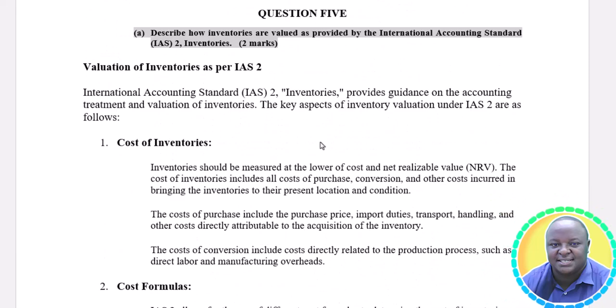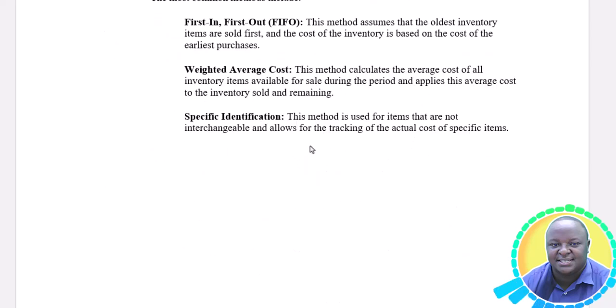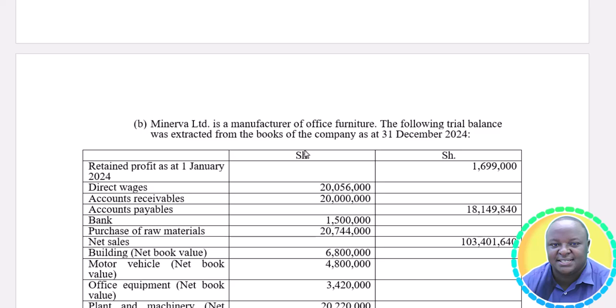So that is how you describe how inventories are valued according to the International Accounting Standard 2, which gives that clarification there. Now we move to the second question.